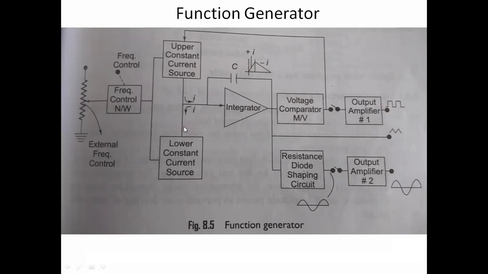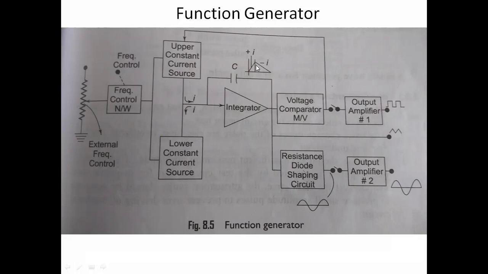Whenever the voltage comparator multivibrator produces a pulse which disconnects the upper constant current source and connects the lower constant current source, this source is a negative current source. That's why the capacitance discharges and the current direction is reverse to the upper current source. In such a situation, the output voltage will decrease.